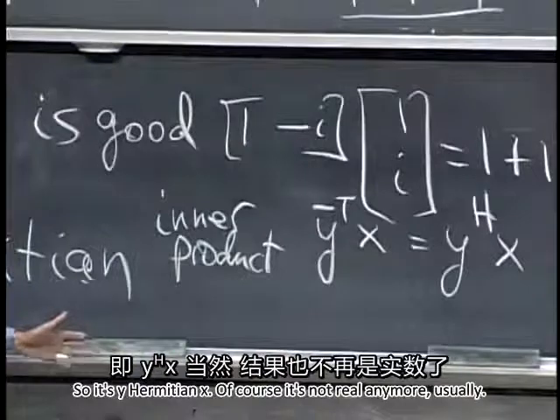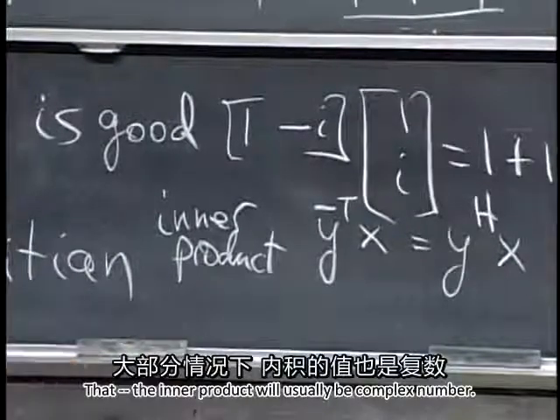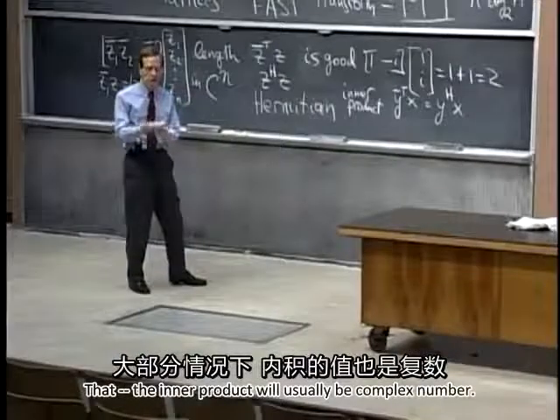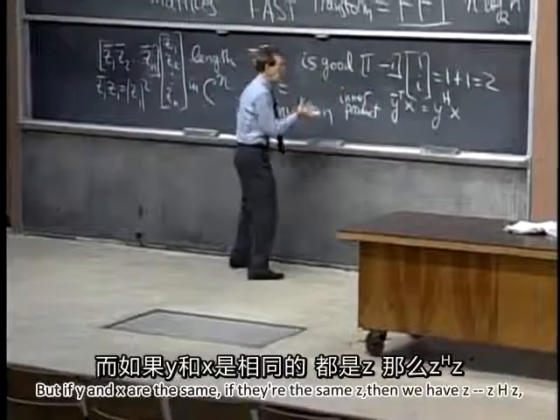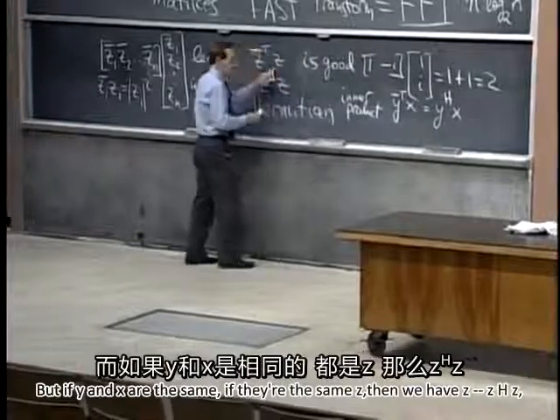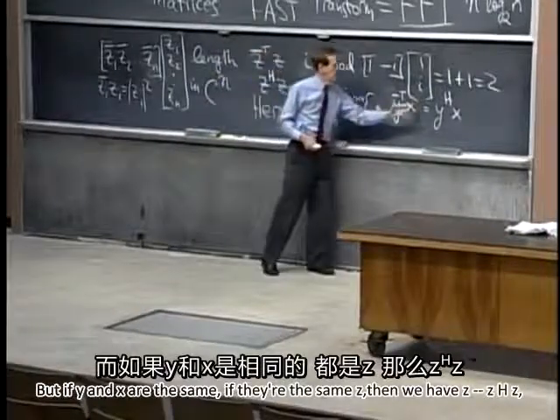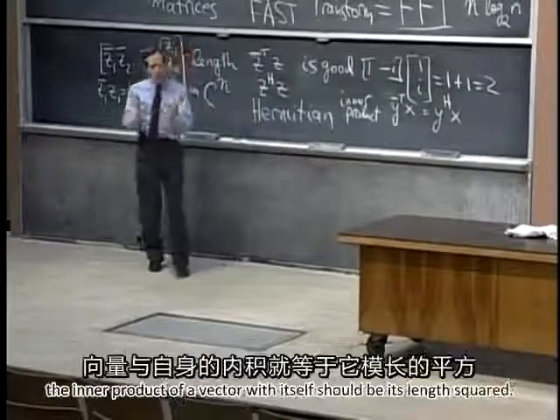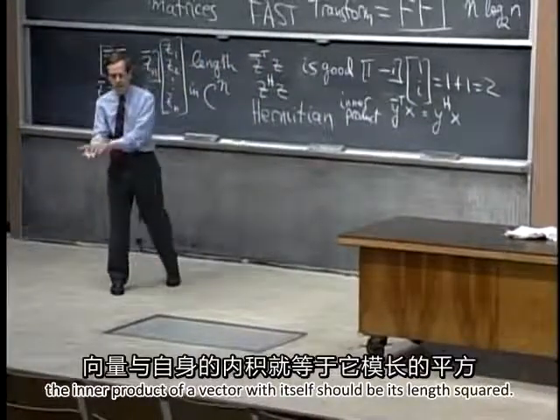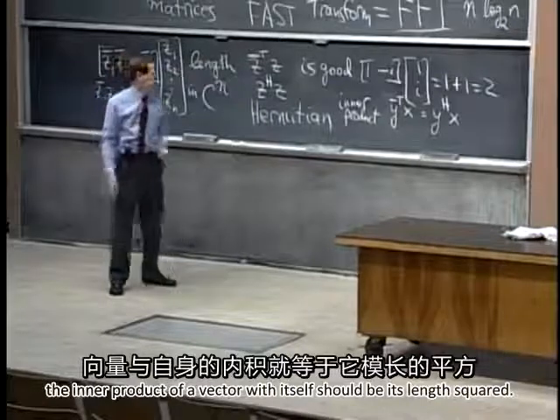Of course, it's not real anymore usually. The inner product will usually be a complex number. But if y and x are the same, if they're the same z, then we have ZHZ, we have the length squared, and that's what we want. The inner product of a vector with itself should be its length squared.